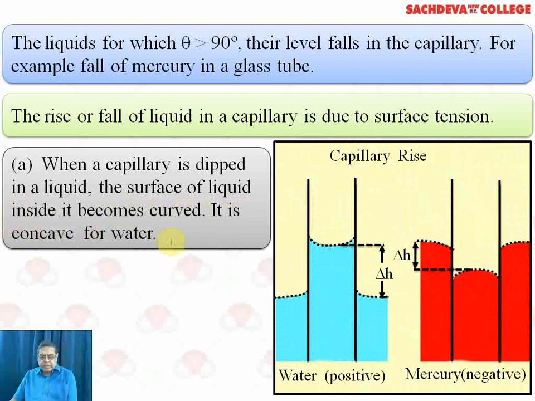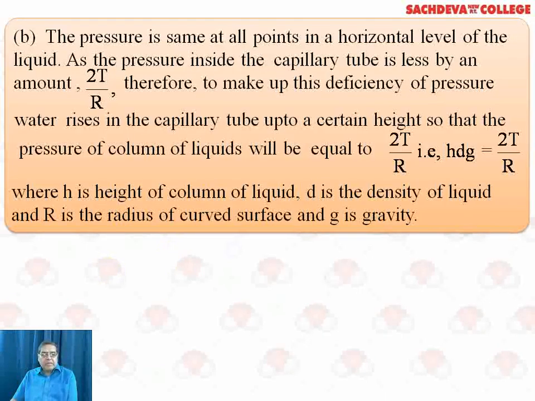That is the blue one, on the left side, which has a concave meniscus. But in the right side figure, where there is mercury, the meniscus will be convex. The pressure is the same at all points in the horizontal level of the liquid, but the pressure inside the capillary tube is less by an amount 2T by R, that is, twice the tension over the radius.